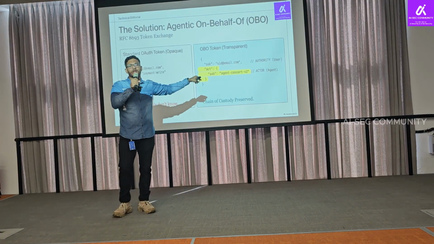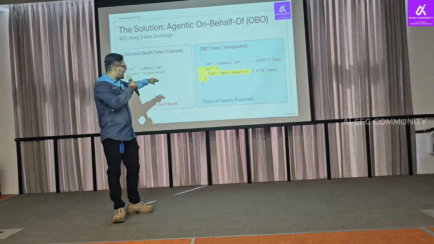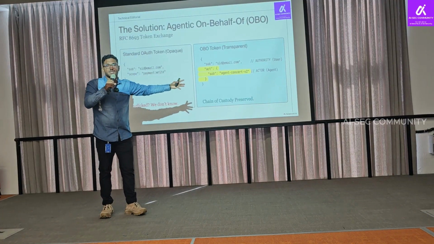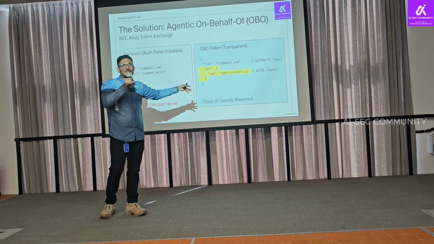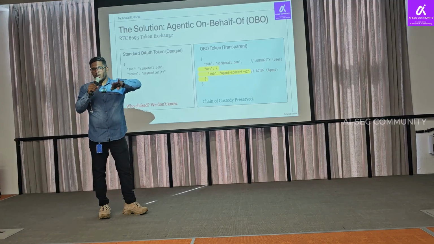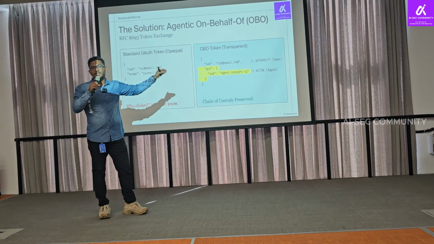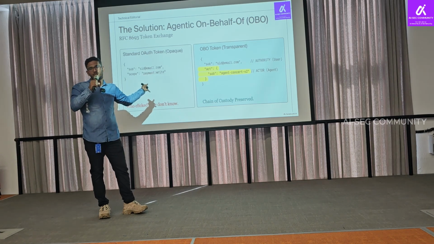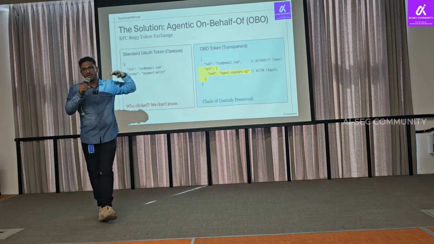So concert v2 is the agent identity, and Sid is the one who authorized the agent to perform a certain task, and the agent acts on it, right? That way, when you actually log that, you will know that the agent has executed that particular transaction, not the human, right? So that way you have an audit trail.